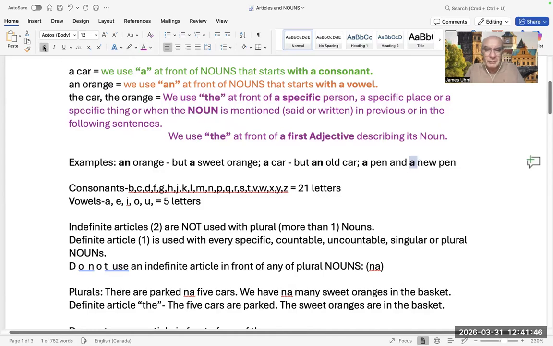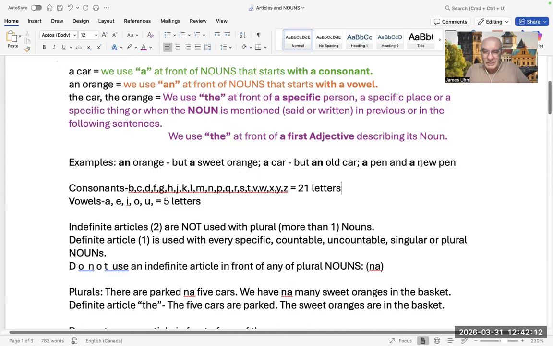It's very simple. Old starts with a vowel, so it must be an. Orange starts with O, so it must be an, but sweet starts with a consonant, so it's a. Here we have a pen, which starts with a consonant, and a new pen.